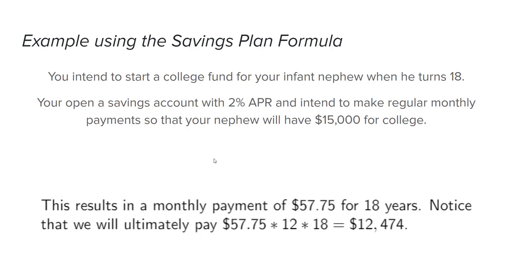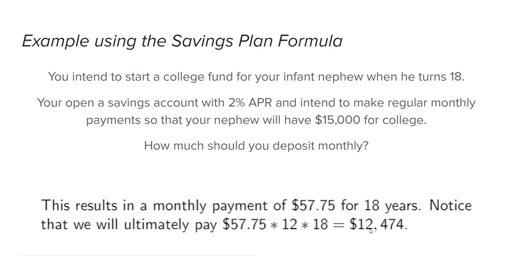This problem tells us that in order to raise $15,000 for our nephew over the next 18 years, we need to make monthly payments of $57.75 into that savings account with 2% APR. Notice that over time, we are making 216 payments of that $57.75.